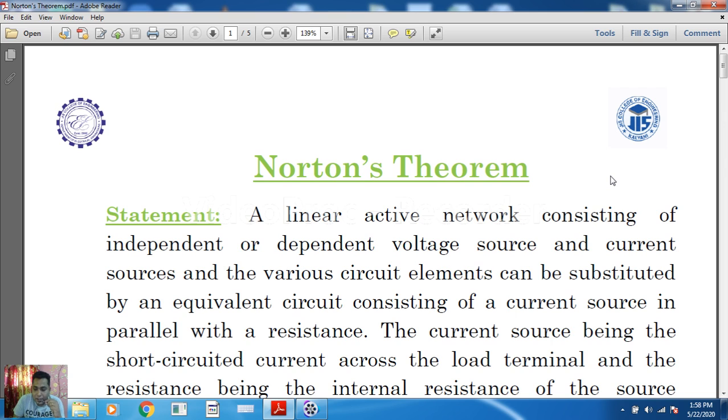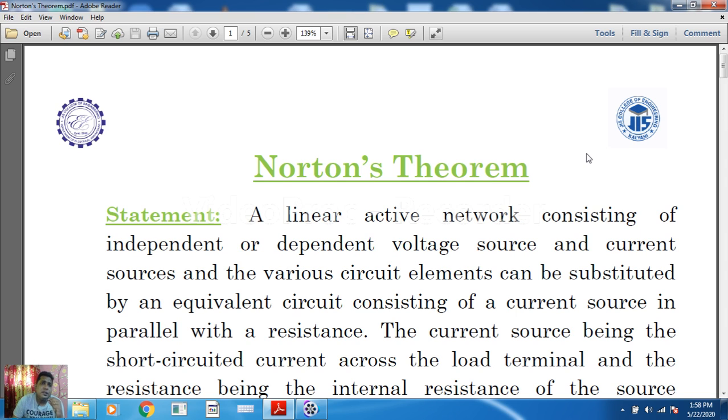what a theorem is. In the previous theorems, we saw how we can solve the theorem, what the statement of the theorem is, what the conditions to apply the theorem are, what the steps to solve the theorem are, and if there are any limitations of the theorem.